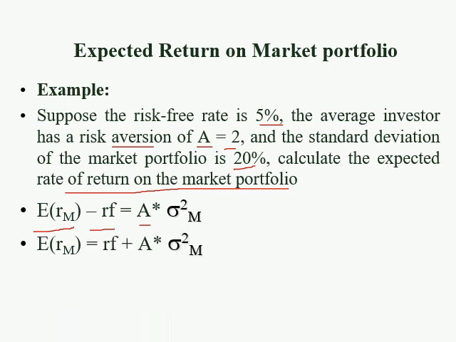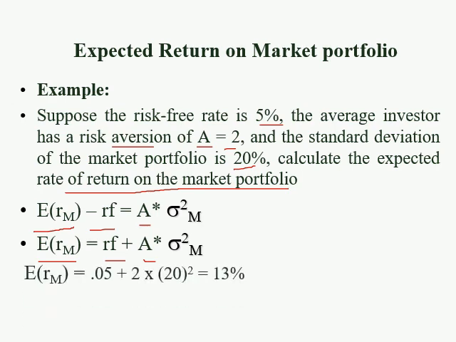So I will rearrange this equation. E(R_M), the expected rate of return on the market portfolio, will be equal to R_F, the risk-free rate, plus A, the risk aversion, multiplied by sigma square M, the variance of the market.